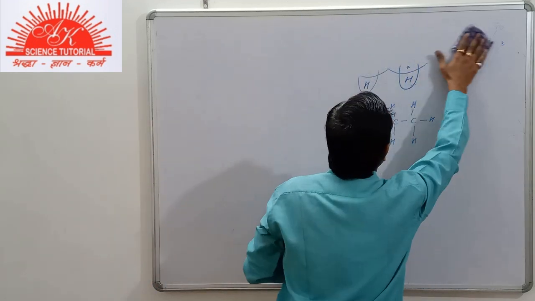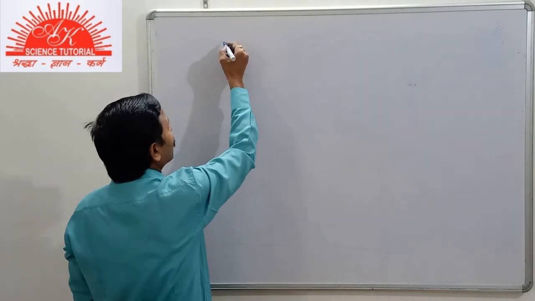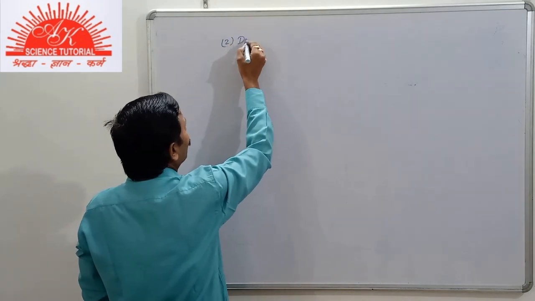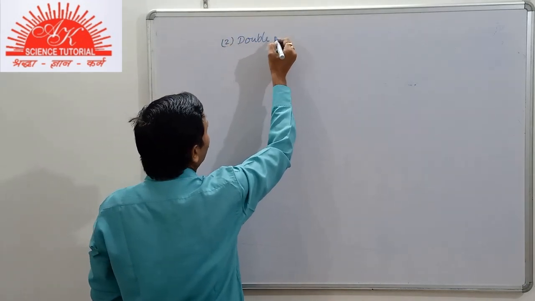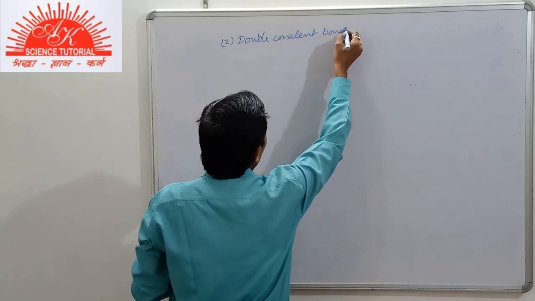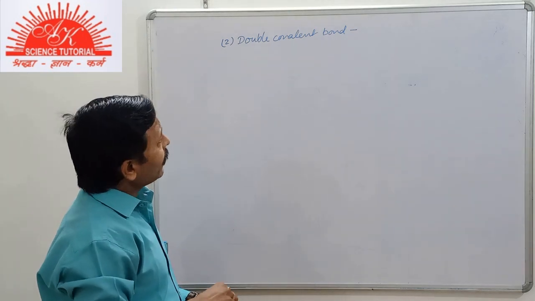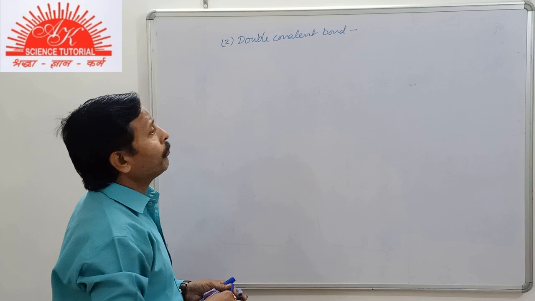Now take the second part, that is the double covalent bond. Now as the name suggests, again double means two.